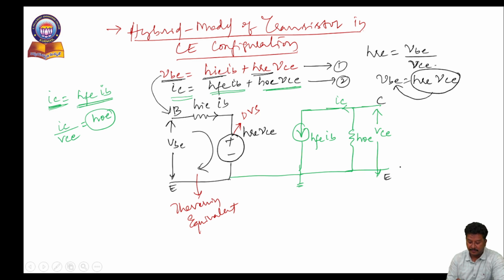Now, if you carefully observe, the output side is one dependent current source and one resistance connected in parallel.